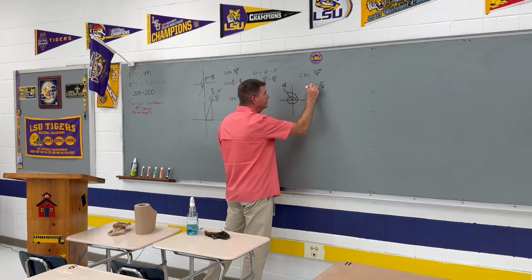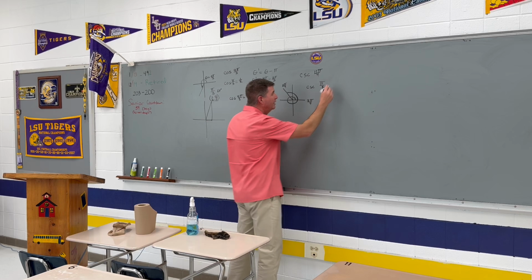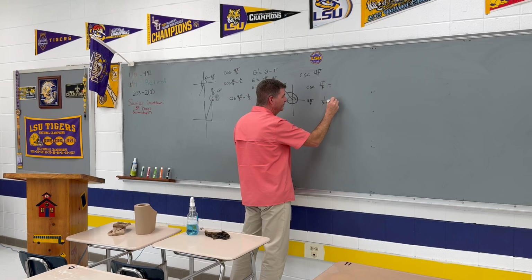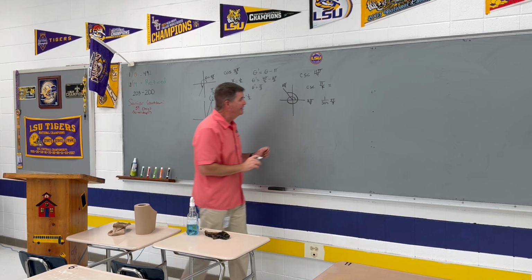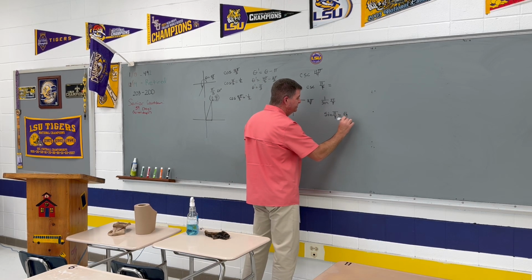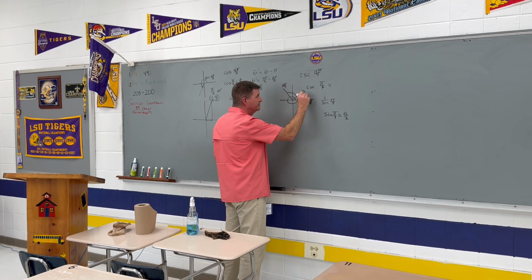And we can find the cosecant of pi over 4. The cosecant of pi over 4 is going to be equal to 1 over the sine of pi over 4. And the sine of pi over 4 is square root of 2 over 2, because for pi over 4, we know our ordered pair is square root of 2 over 2, square root of 2 over 2.